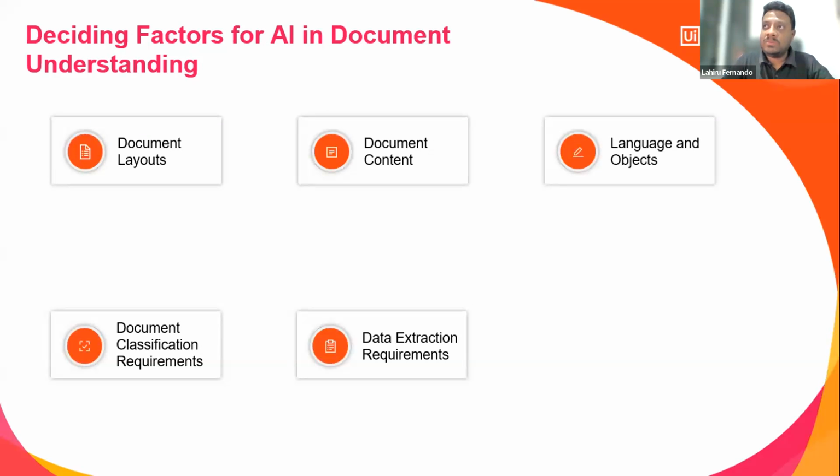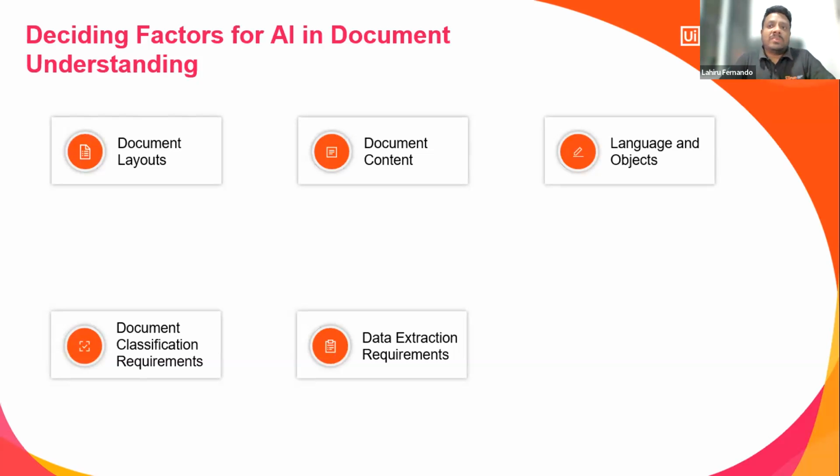Since now we know where to find these capabilities, let's now see on what basis we can decide whether we need AI to process our document. This can be categorized at a high level into five sections: document layouts, document content, languages, classification needs, and so on.